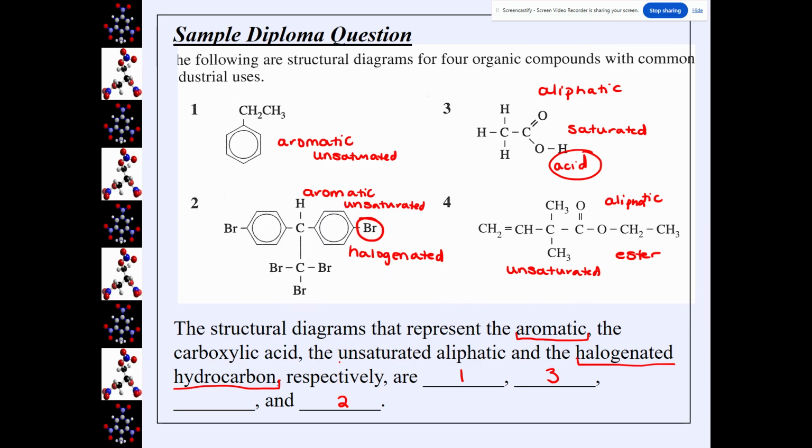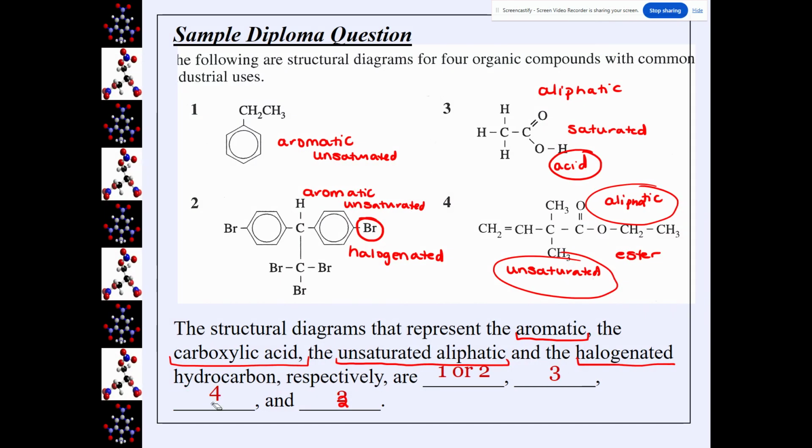And the unsaturated aliphatic was the ester, number 4. It's only unsaturated again because this ester has a double bond between the carbons. Usually esters are not unsaturated, but the carbon chain has carbon to carbon double bonds. So that would be number 4. So your answer would be 1, 3, 4, 2. Okay? If you could only use every number once.